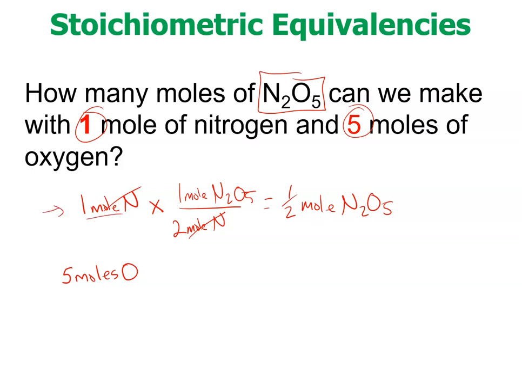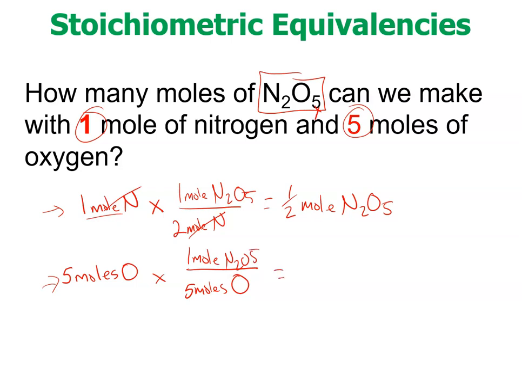Now let's look at this other piece of information to double check to see if this is the same answer. If we have 5 moles of oxygen, we can do the same thing. Here, that number 5, we can generate 1 mole of N2O5.